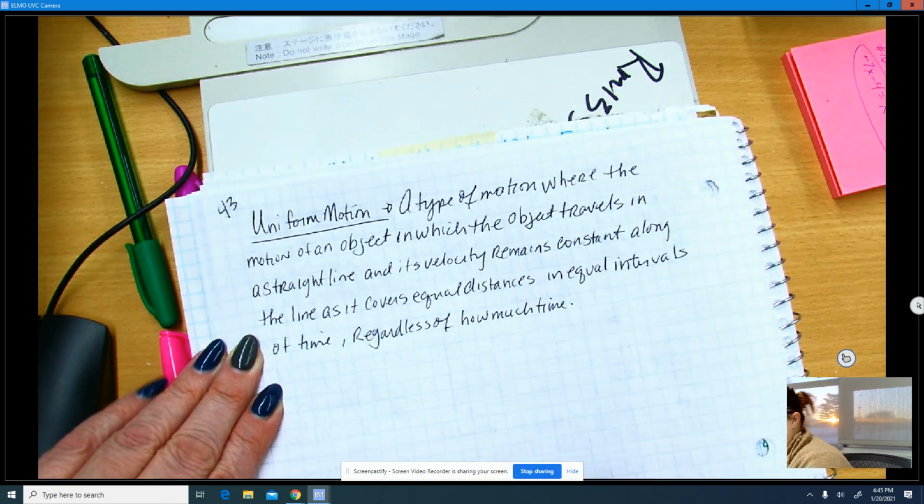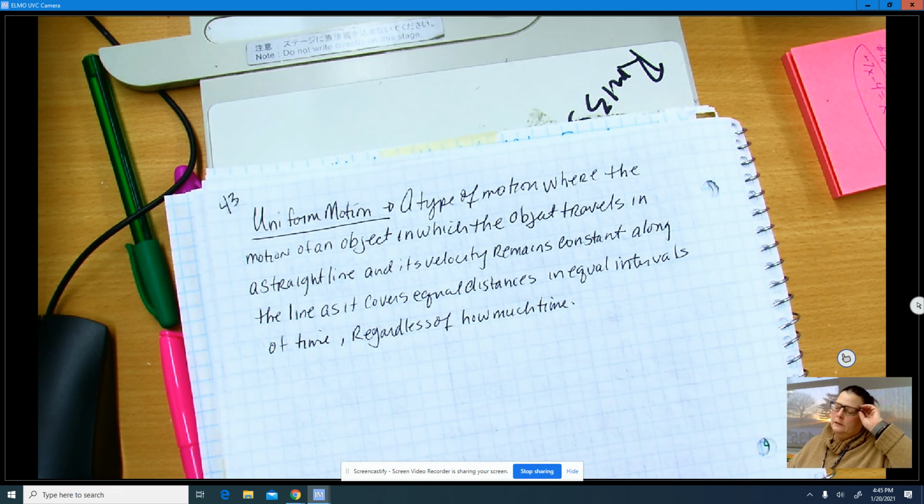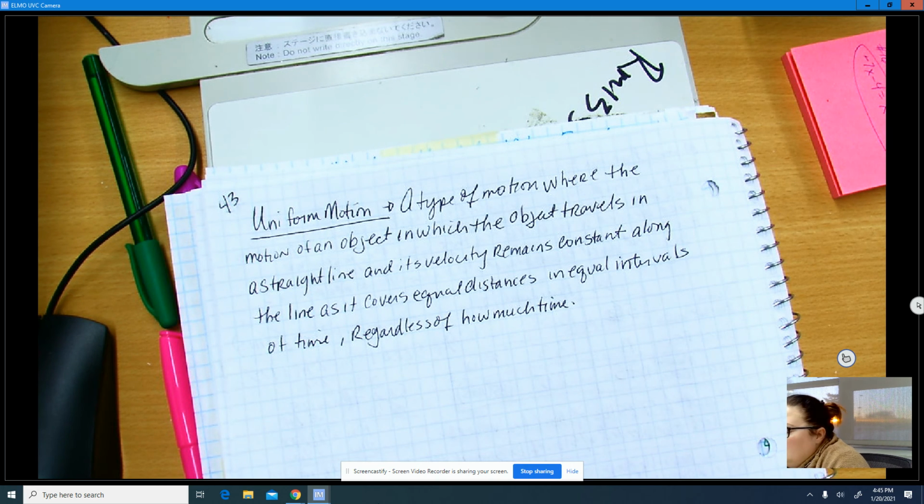So, for example, imagine you're out running and you run 3 miles. Well, maybe the rate at which you're running during the first mile is not the same as which you're running at the end of your run, right? Well, with uniform motion, that doesn't take into account. It doesn't say, oh, well, they're probably faster in the beginning and slower at the end. The expectation when we're looking at uniform motion is that that person would have been running the same distance during the same amount of time constantly.